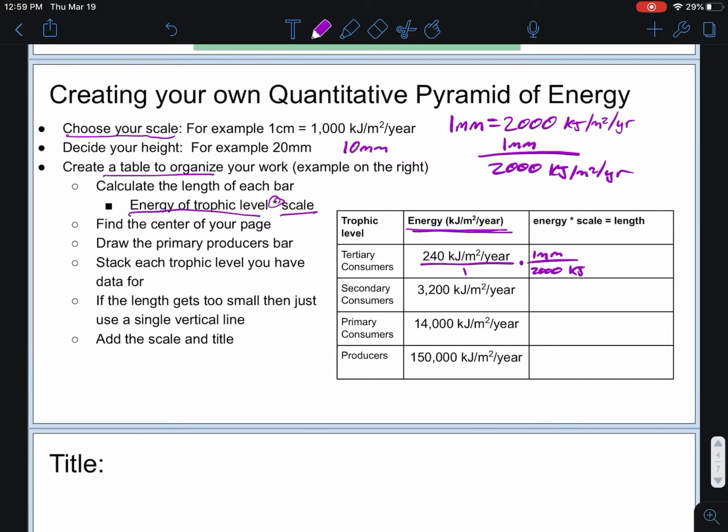So here we go. Need your ruler. I'm going to try this digital one. I'm sorry for the couple mistakes I'm probably going to make in trying to figure out how to make this digital ruler work. I want my producers to be 75 millimeters, which is 7.5 centimeters.